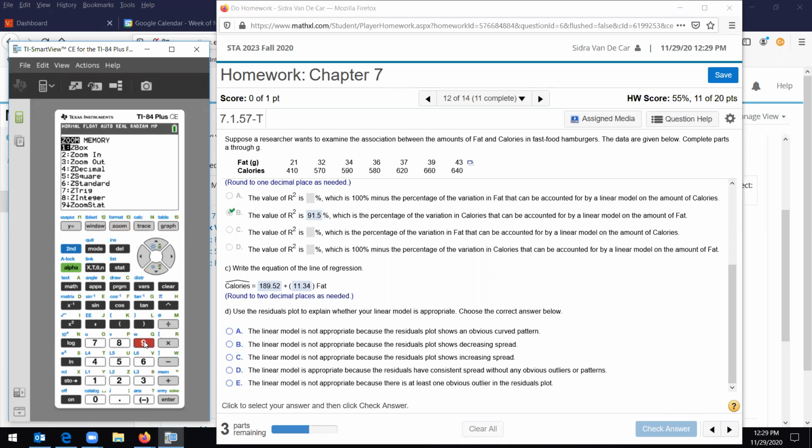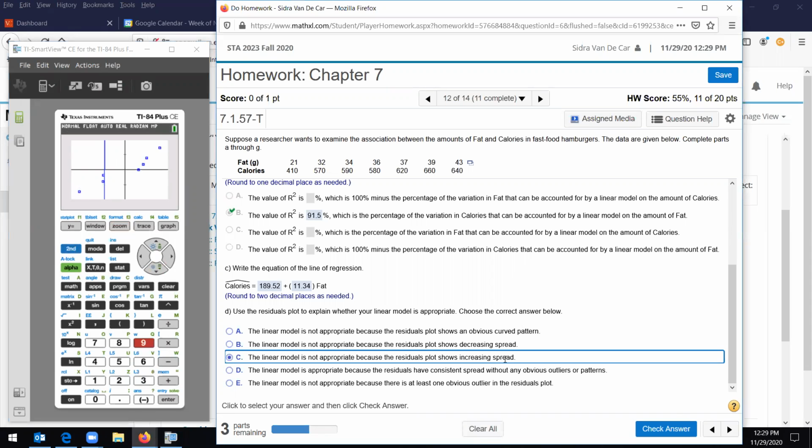And then zoom 9. Okay, there we go. It seems to be all over the place, right? We don't have a curve pattern. It shows an increasing spread.